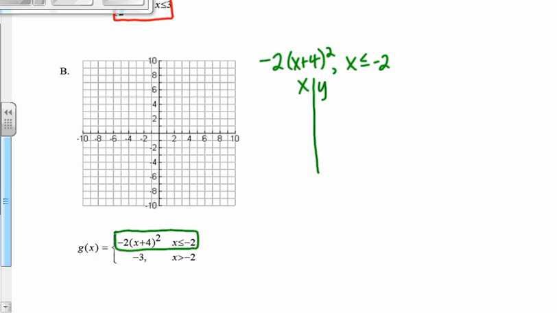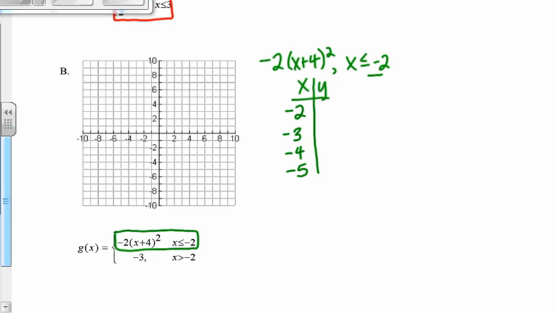So remember, when I made a table, the very first number I put in my table was the number in the inequality. And then it says x is less than or equal to -2, so I'm going to pick some numbers that are less than -2. I'm going to plug them into the equation and see what I get out.